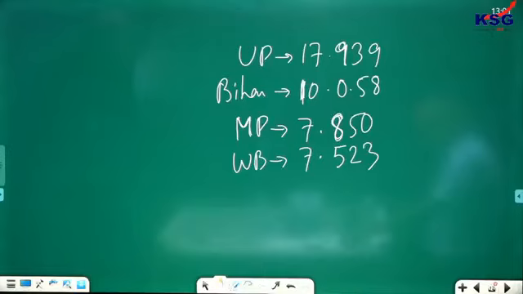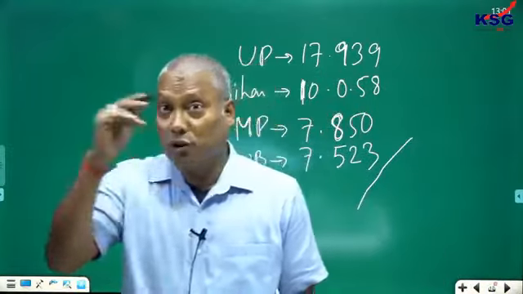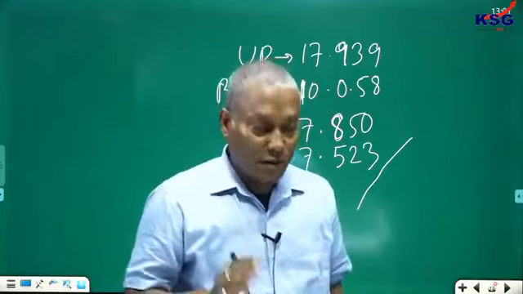No other states are getting double digits. All others get below this, but the next two are getting 7% or more: Madhya Pradesh 7.850 and West Bengal 7.523. This much we are getting out of the total amount the central government is going to distribute.